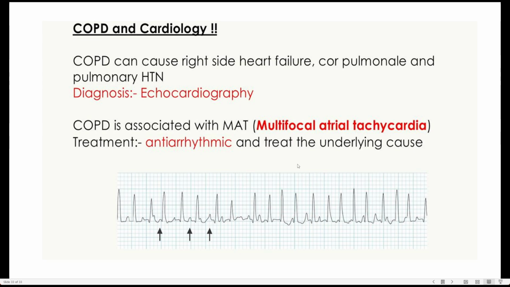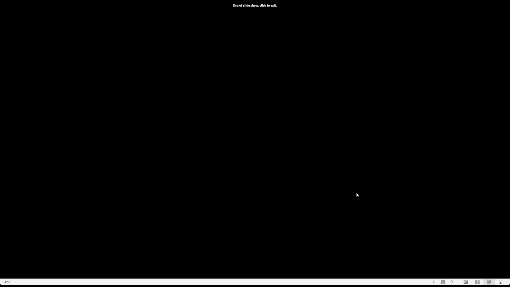How do you treat it? Through an antiarrhythmic. You give the patient an antiarrhythmic and treat the underlying cause. So any COPD patient with an irregular pulse or ECG finding of MAT, treat the patient with an antiarrhythmic and treat the underlying cause, which is COPD. That's pretty much it for COPD.